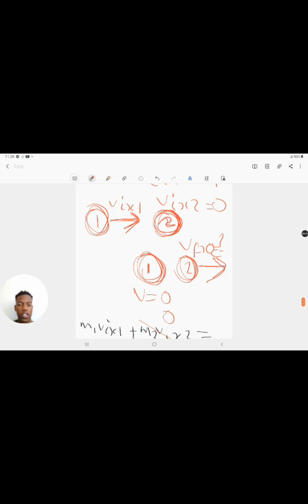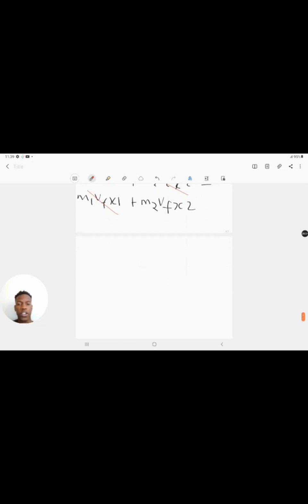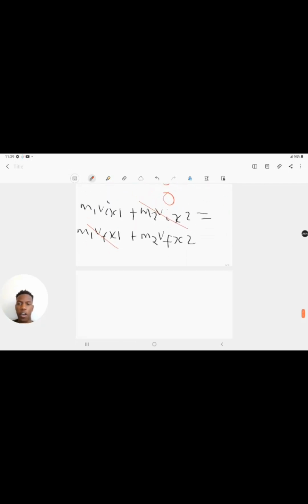So if you simplify further, it becomes a lot simpler: m1 vi x1 is equal to m2 vf x2. Now your equation has become a lot simpler to work with.